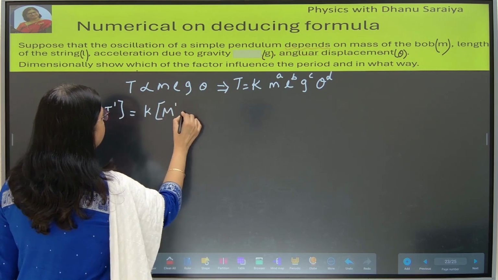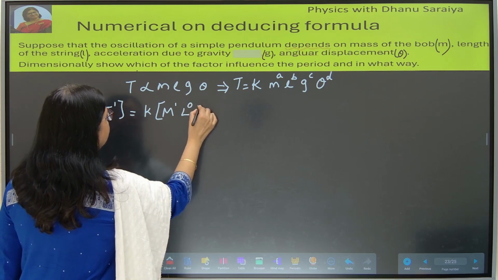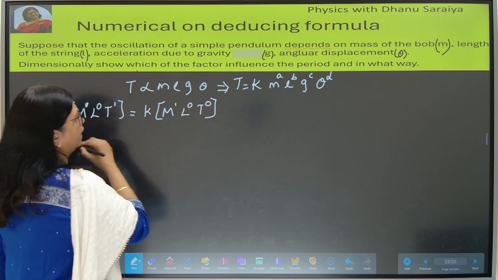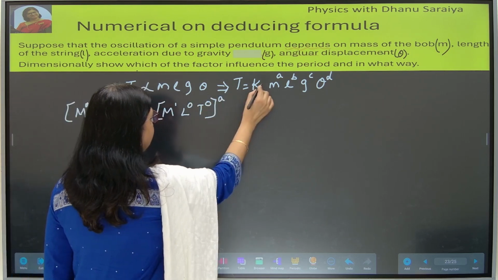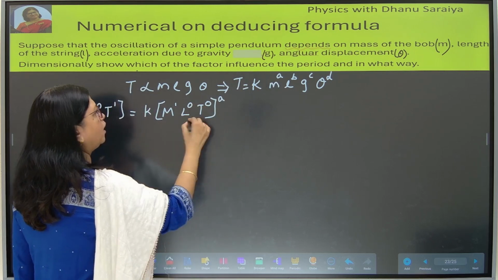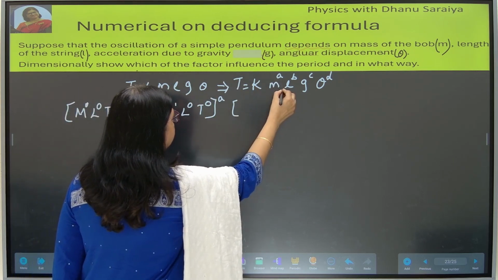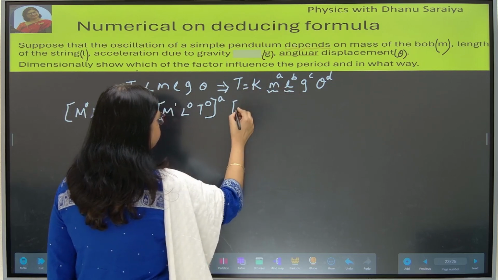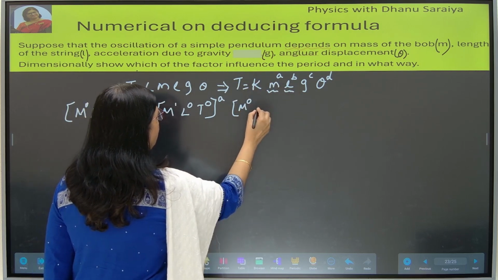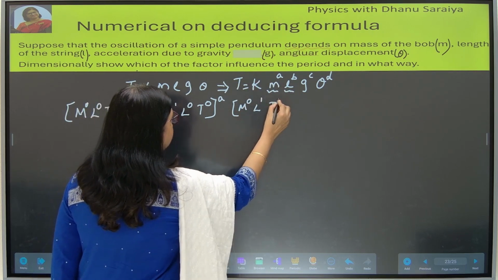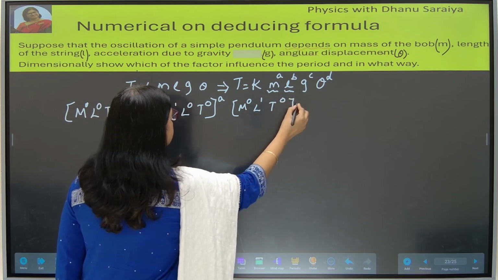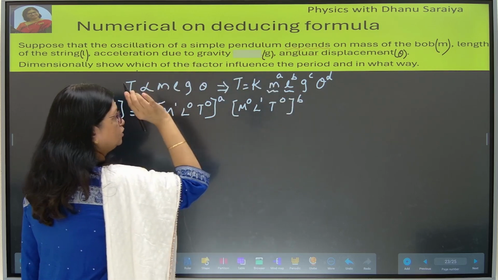M raised to 1, L raised to 0, T raised to 0, raised to a, because M is raised to a, its dimension formula is also raised to a. Now the dimension formula of L: M raised to 0, L raised to 1, T raised to 0, raised to b, as L is raised to b.